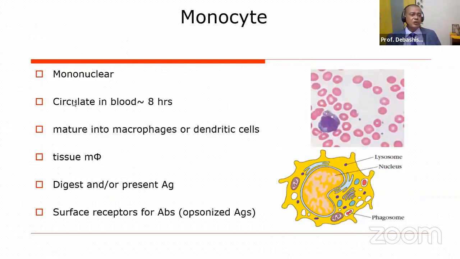The monocytes and mononuclear cells circulate in blood for around 8 hours and mature into macrophages or dendritic cells or tissue macrophages. They can digest and or present antigen. They also have surface receptors for antibodies or opsonized antigens, which can be their function.